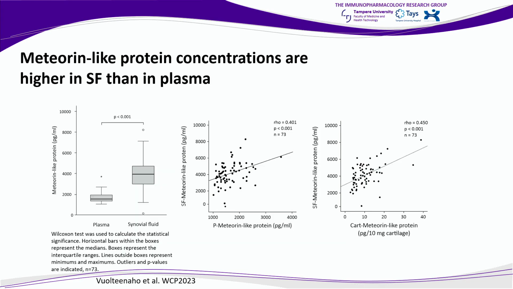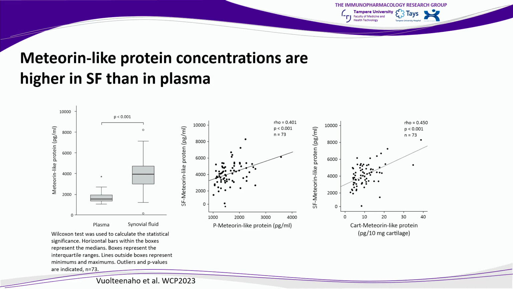A few highlights about these results. When we compared the concentrations of Meteorin-like protein, we found that in these patients the levels were considerably higher in the synovial fluid samples than in the corresponding plasma samples. We also saw a nice correlation between these two: concentrations in synovial fluid samples correlated with those in plasma samples.